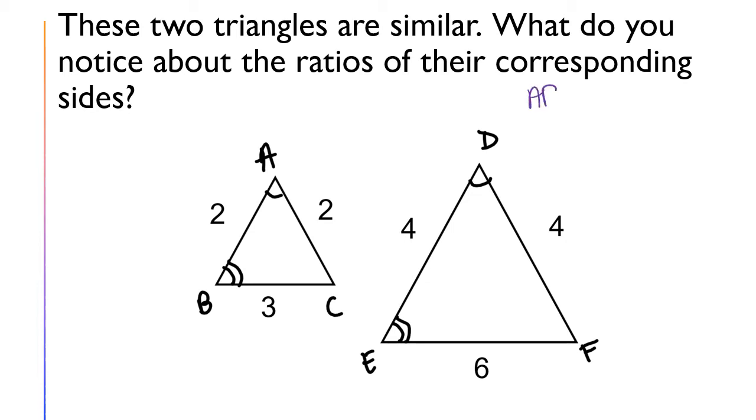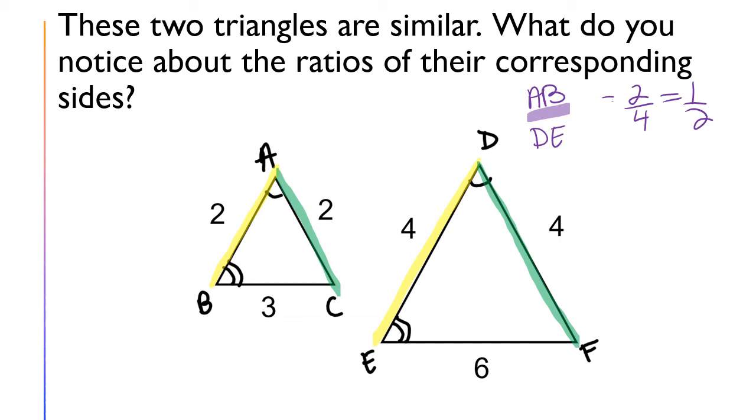Segment AB corresponds to segment DE. So segment AB divided by segment DE, if I look at that ratio, that's 2 to 4. That's 1/2. Okay. Let's look at another pair of corresponding sides. Let's look at side AC. Side AC corresponds to side DF.